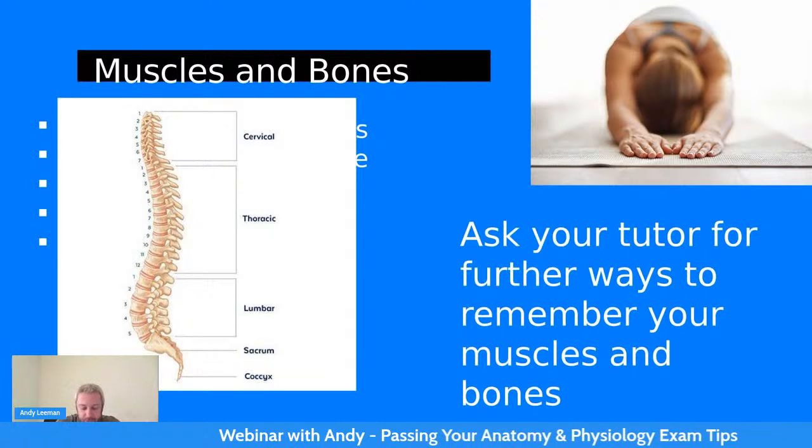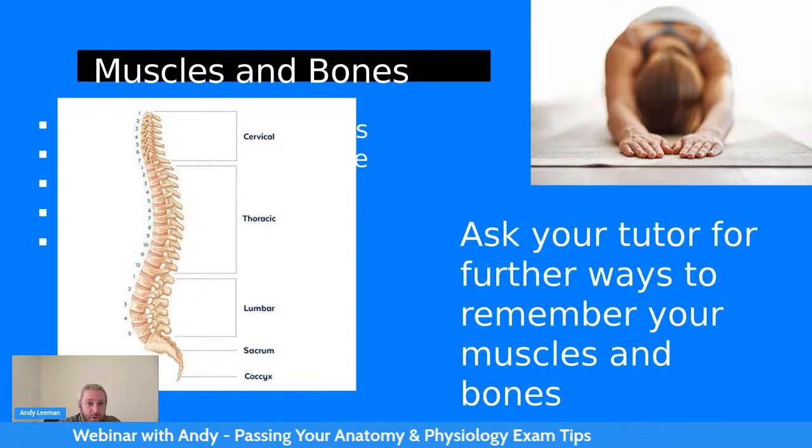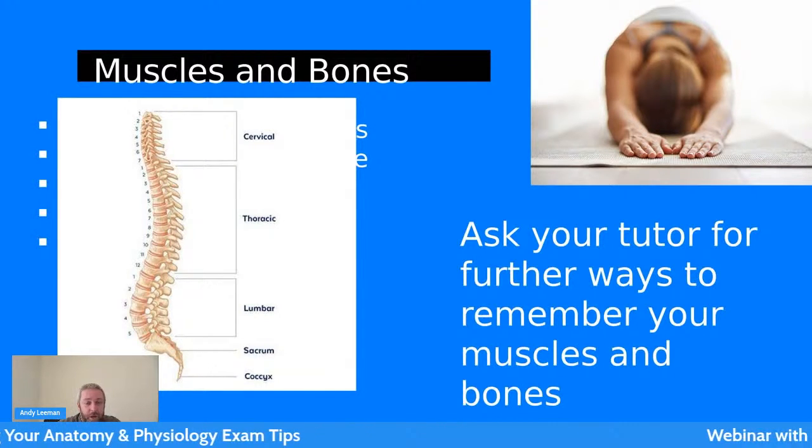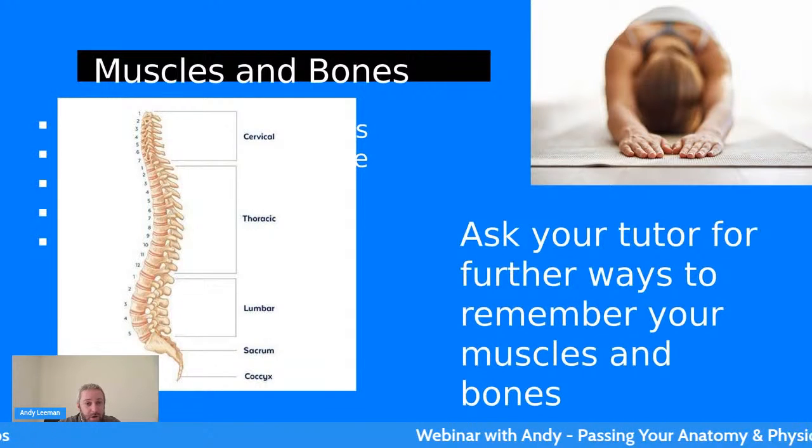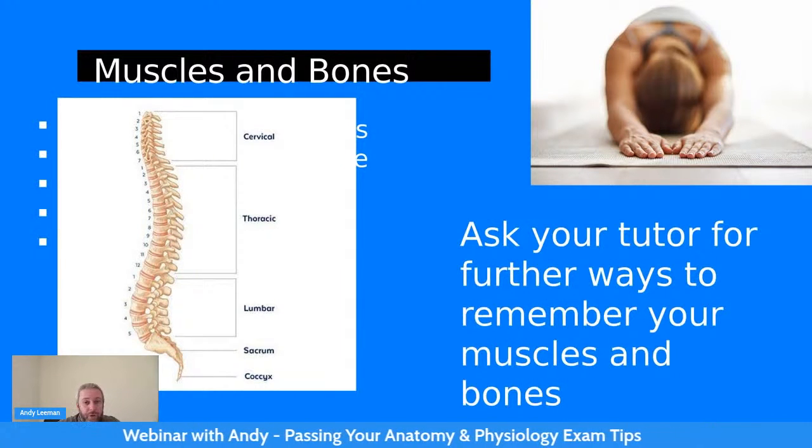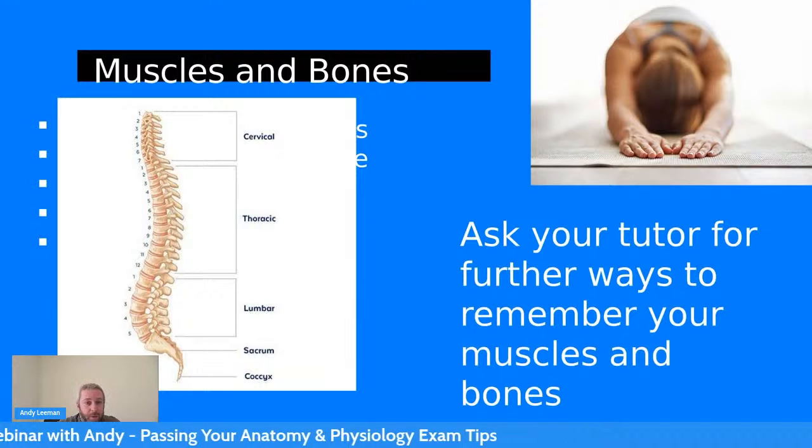My little tip for this is, so you've got the cervical, the thoracic, the lumbar, the sacrum, and the coccyx. Chris Tarrant loves sweet coffee. It's just a little acronym I've learned so I can remember the order of those parts of the spine.